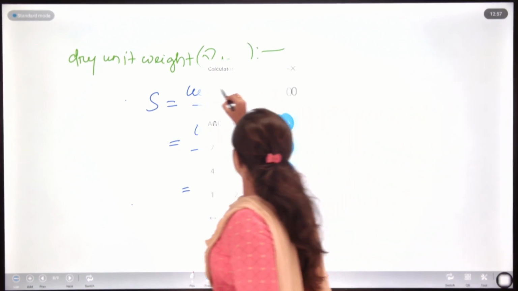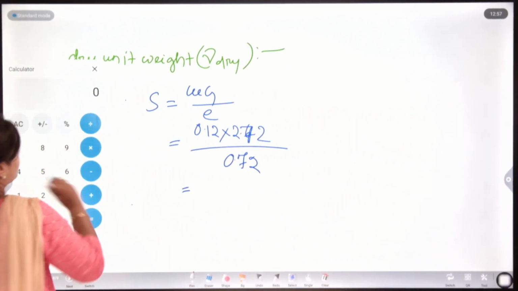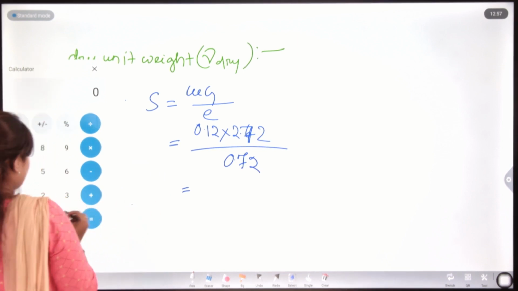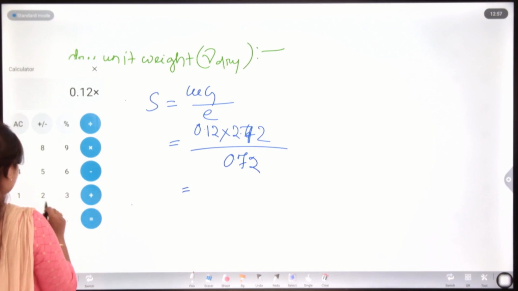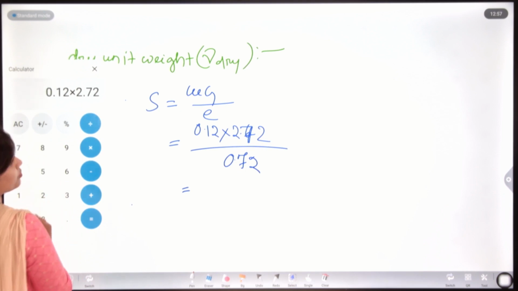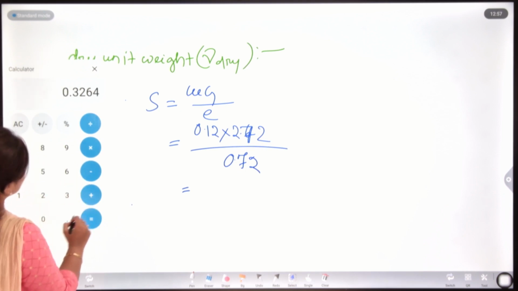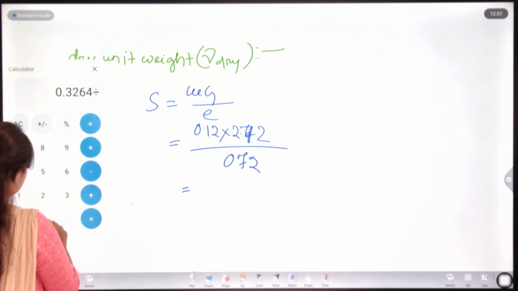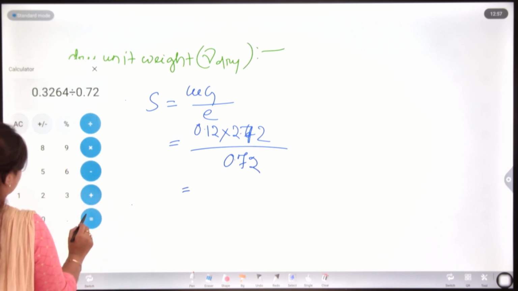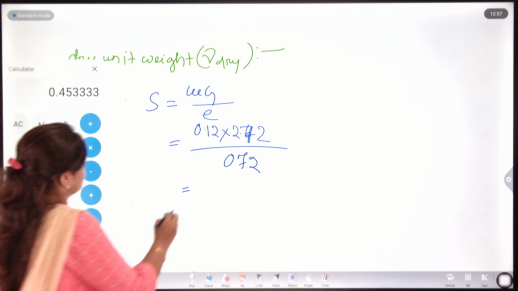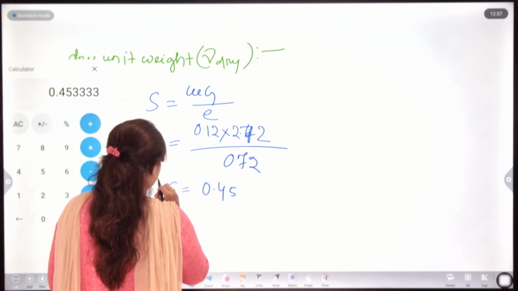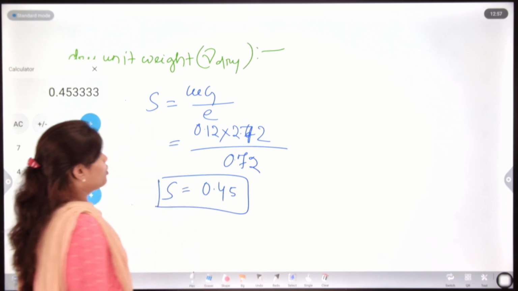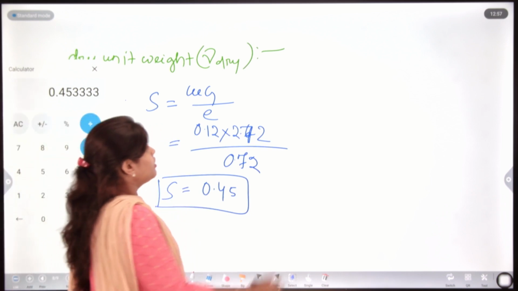We need to calculate with proper values, or else the whole problem will be false. 0.12 times 2.72 upon 0.72 gives 0.45. S will be 0.45.